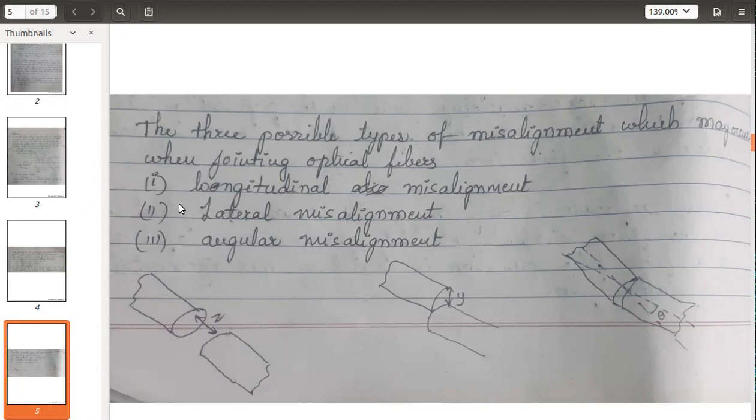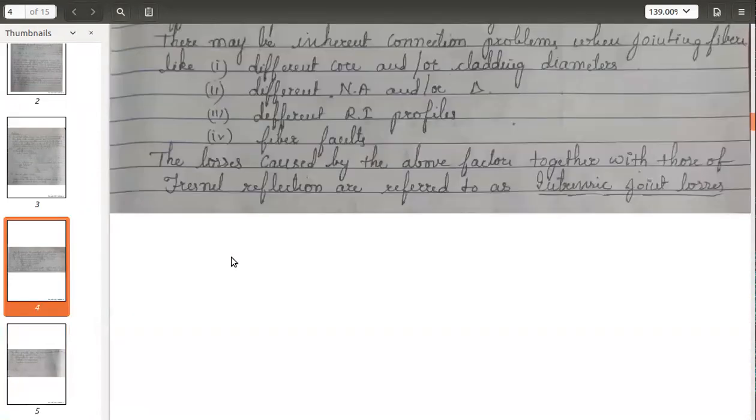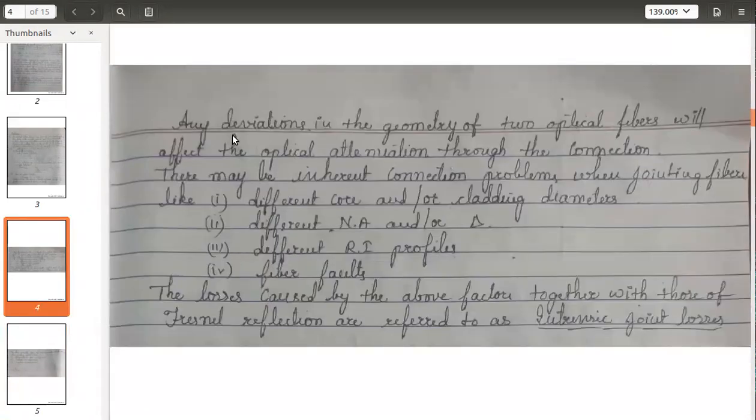Before these misalignments, you can see on the screen, there may be some problems in the connections while making the jointing. These four possibilities I've listed: the different core or cladding diameters, numerical aperture or delta, the refractive index profiles, or the fiber faults.